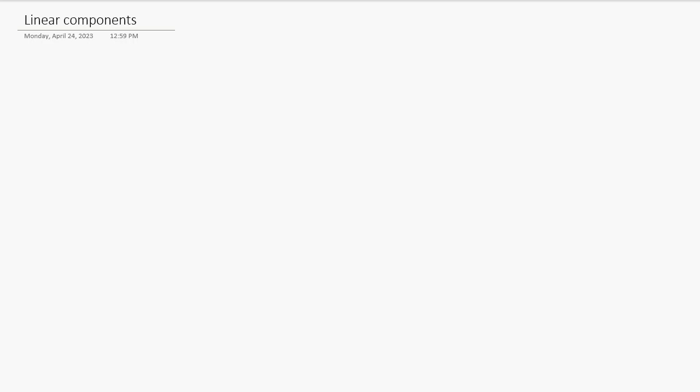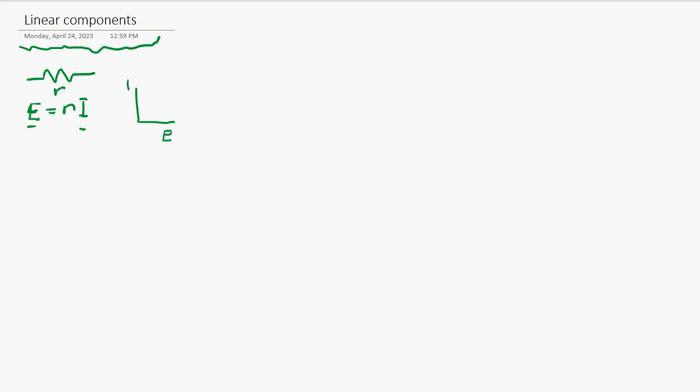In order to understand electronics, we start with the very basic. What is the basic? We understand the linear component. What is the linear component? The very basic one is the resistor, and when you have voltage applied, the current and the voltage relationship becomes linear.